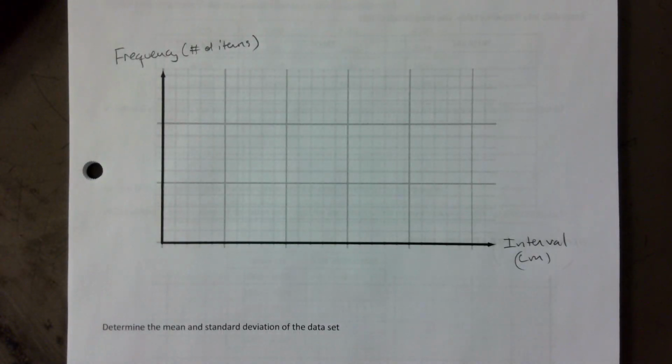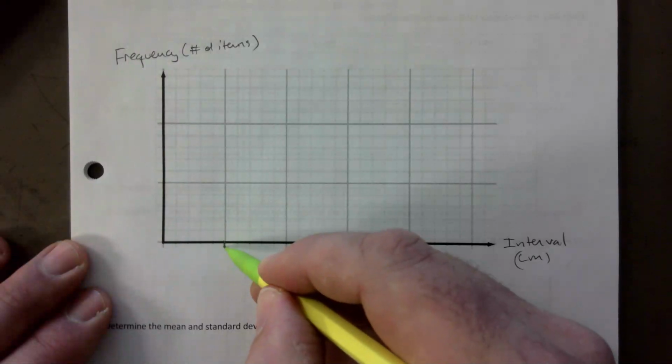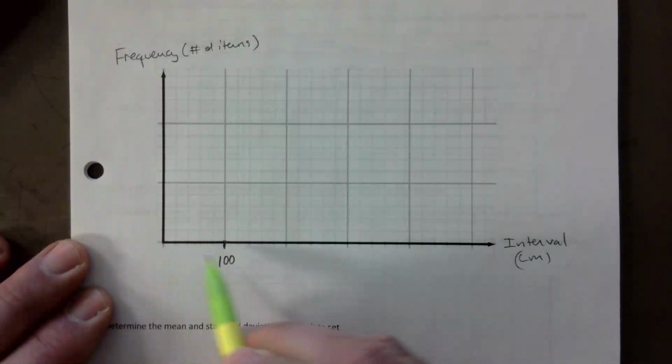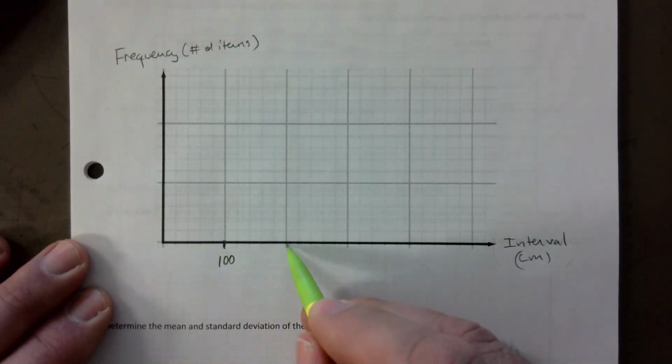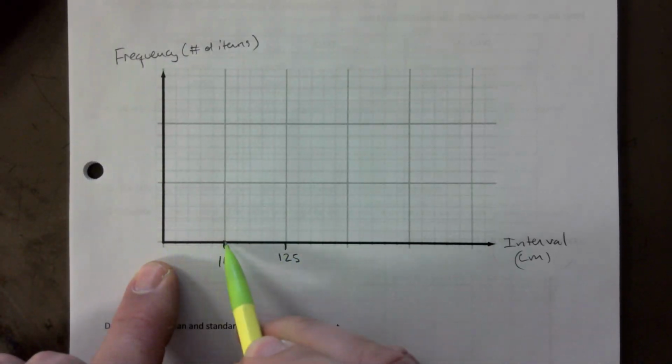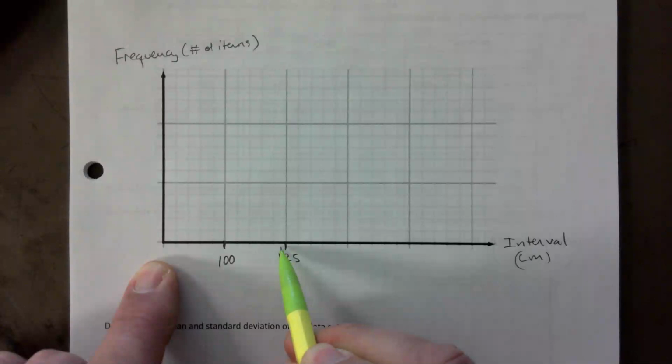Based on my frequency table, what's the lowest value I should start with? Look at your intervals. Where do I start? I start at 100, correct? Starts at 100, goes to 125. So what I'm going to do is make this 100. And you're like, wait a minute, because if you go 100 and then 125, this is 100 and then this is 25, that's not right.